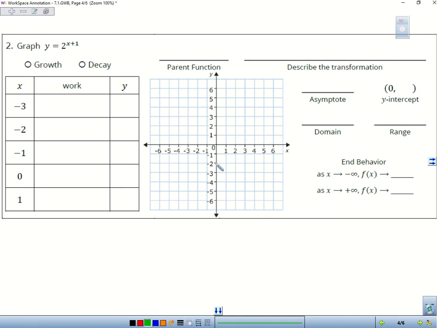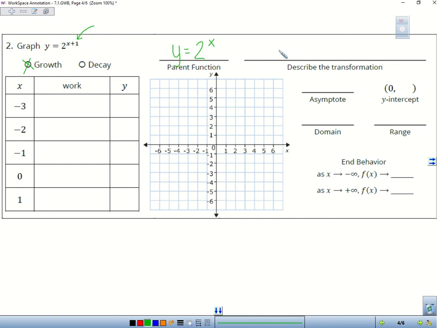So now, next one. As you can see, the parent function hasn't changed. It's just your base to the power of x, and our base happens to be 2. This is still exponential growth because 2 is bigger than 1. There's only one transformation on this graph, and it is A, H, or K?